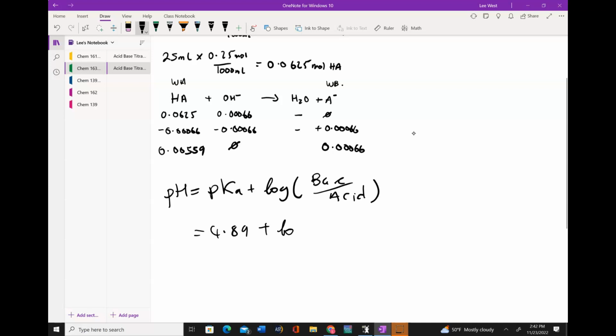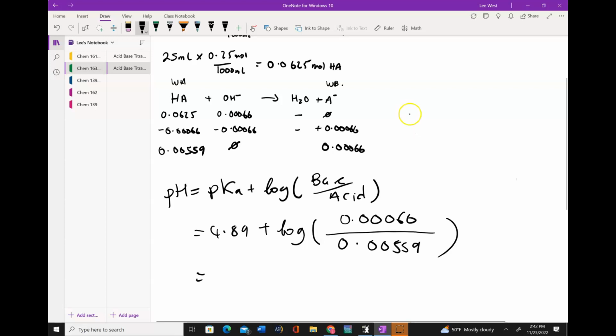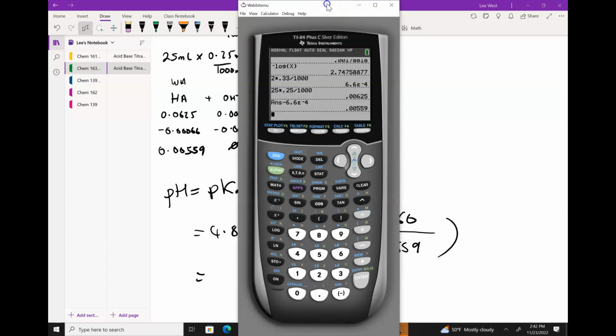4.89 plus log. And just don't confuse what is the base and what is the acid. The base is 0.0066 moles and the acid is 0.00559 moles. And that's it. We just got to calculate that, and we want it to be that the pH is increasing from our initial pH, right?